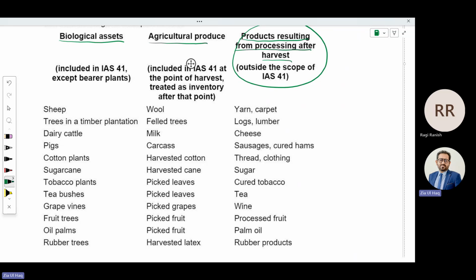These are all living plants and animals. They produce wool, felled trees, milk, carcass, harvested cotton, etc. Fruits and vegetables produce are also agriculture assets. But yarn through wool, carpet, lumber, cheese, sausages, meat, tea, wine, these are inventories. These will not be covered by IAS 41.